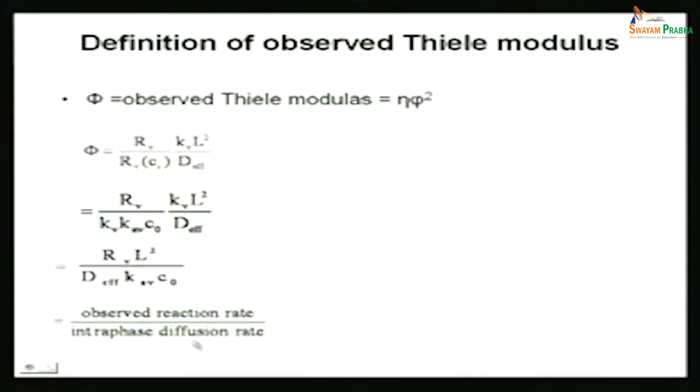So this is correct: the observed reaction rate over the interface diffusion rate. The observed Thiele modulus is the effectiveness factor times the intrinsic reaction rate, which gives the observed reaction rate. So the effectiveness factor times the intrinsic reaction rate is the observed reaction rate, and the observed Thiele modulus is the observed reaction rate over interface diffusion.